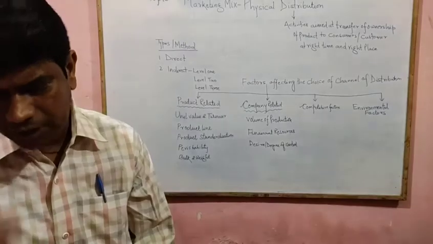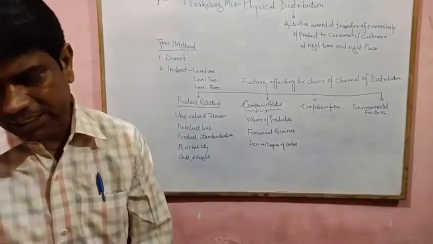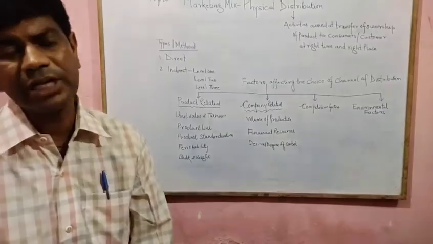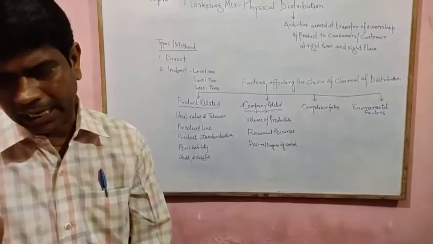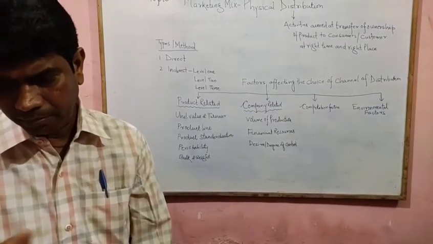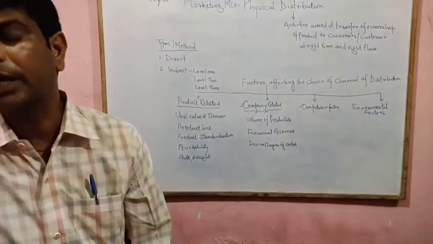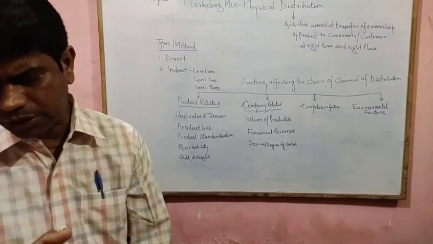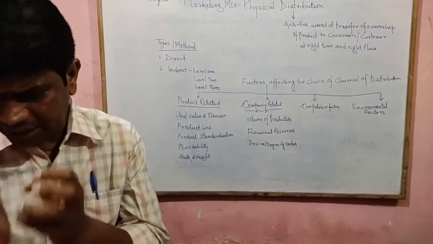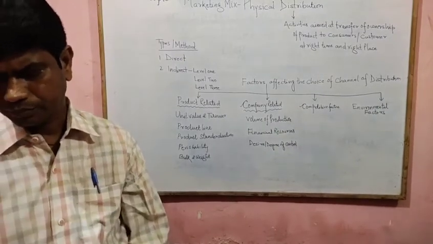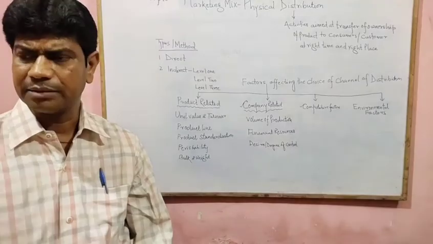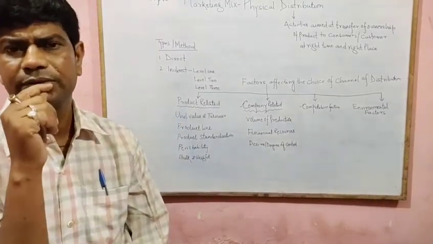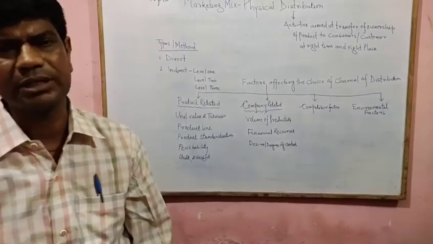Then there is assorting. Assorting means the goods are matched for resale. When the goods are procured by the middleman, they try to match each of the goods to the demands of the customer.